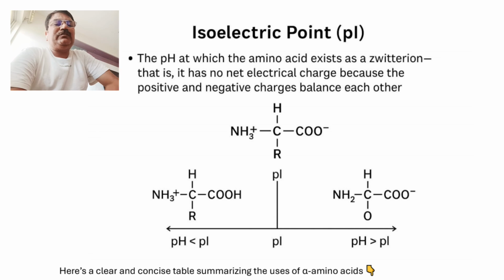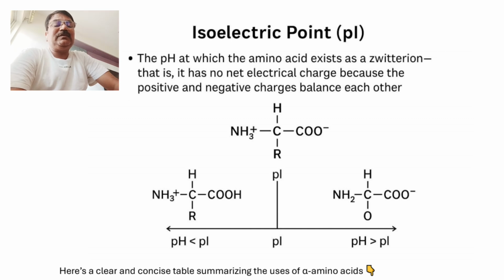acid to the solution. What happens? As we add acid to that solution, the Zwitter ion starts to convert into either a positively charged cation or a negatively charged ion. If it is converted into a positively charged cation, the pH is lower than the isoelectric point.